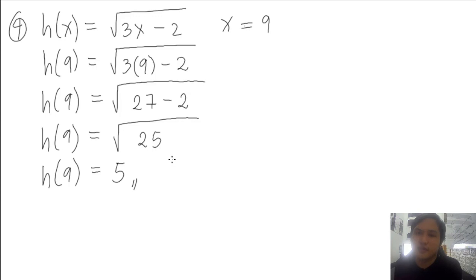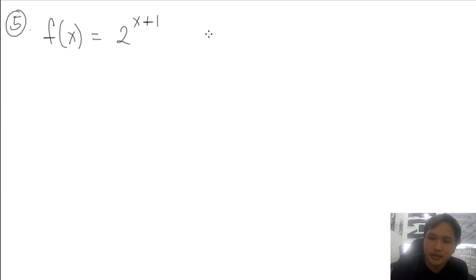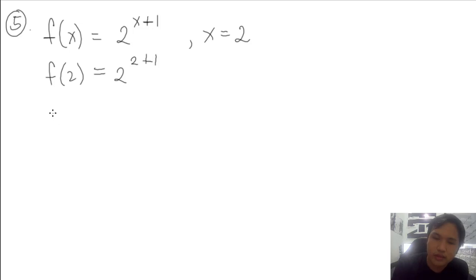Example number 5 natin is an exponential function. So, what if you have f of x equals 2 raised to x plus 1. And then we're going to evaluate this at x equals 2. So, papalitan lahat ng x with 2. So, we have f of 2 equals 2 raised to 2 plus 1.